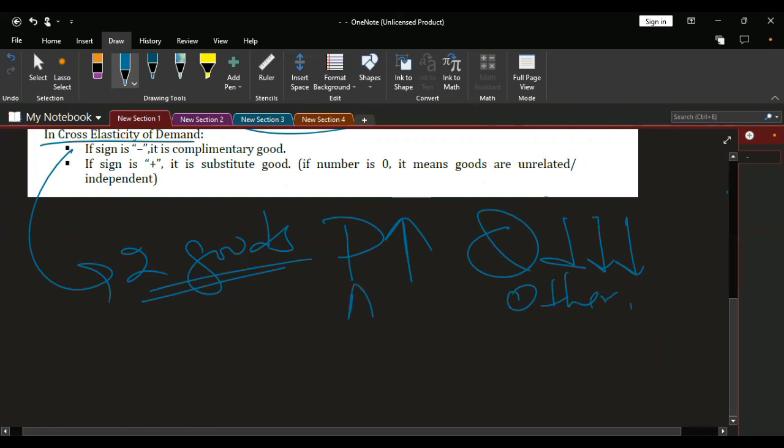For example, if the price of product A is increasing, the demand of B decreases in the case of complementary goods, as the two are used together.